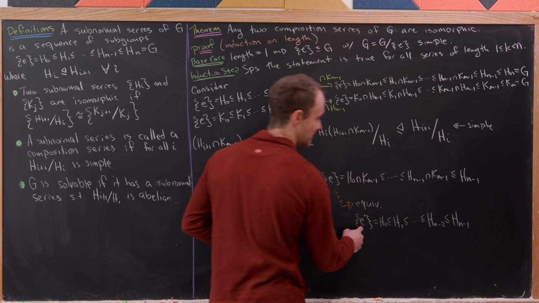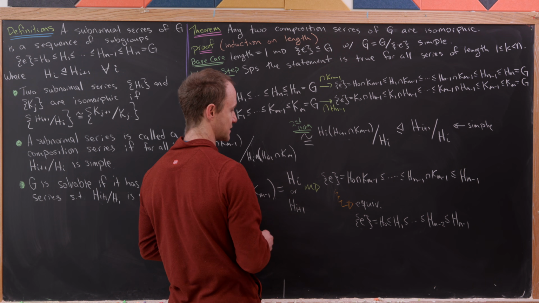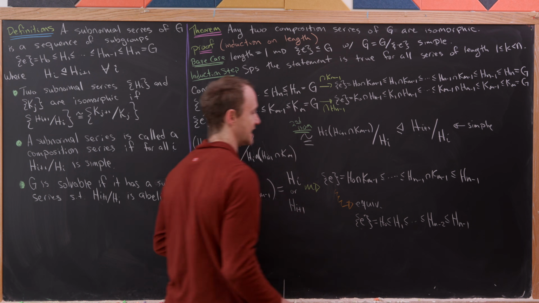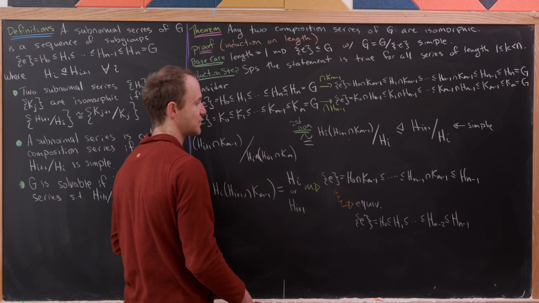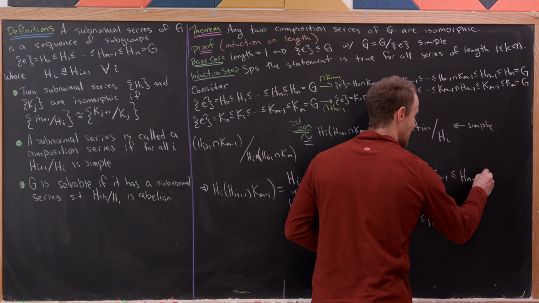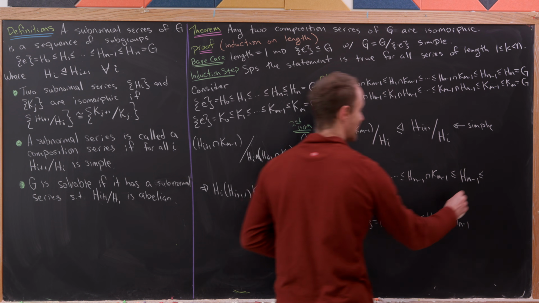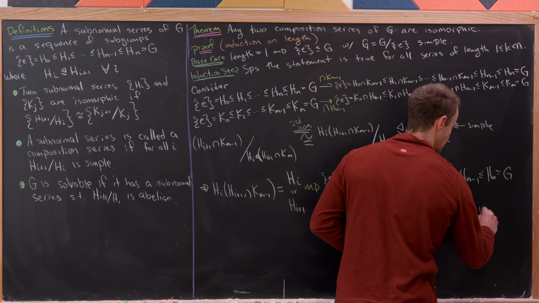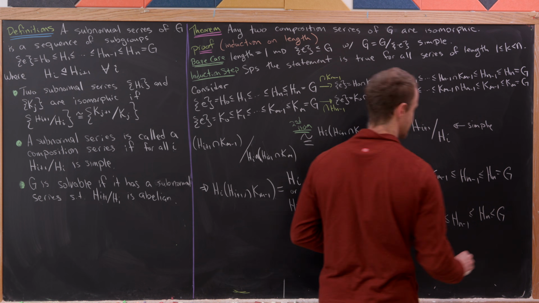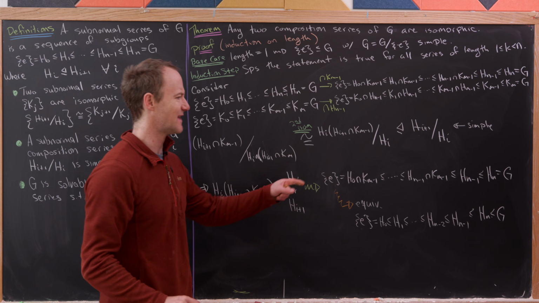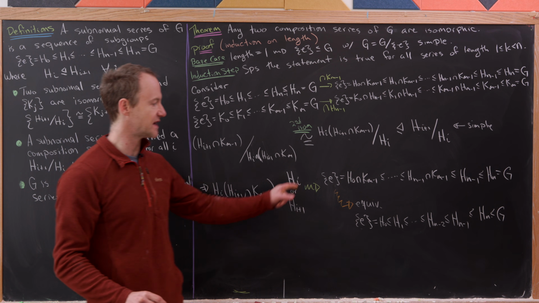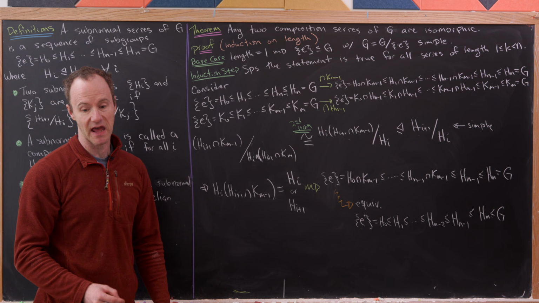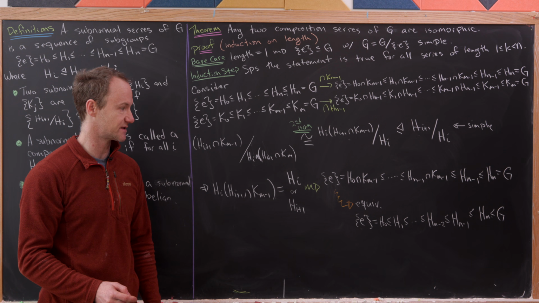So let's see, this, which ends at Hn-1, is equivalent to this that ends at Hn-1. So now, that's by induction, but then if we throw the Hn back on, which is equal to G, we get our composition series for G. But then that just throws on some equivalent things, meaning that we still have an equivalent composition series.